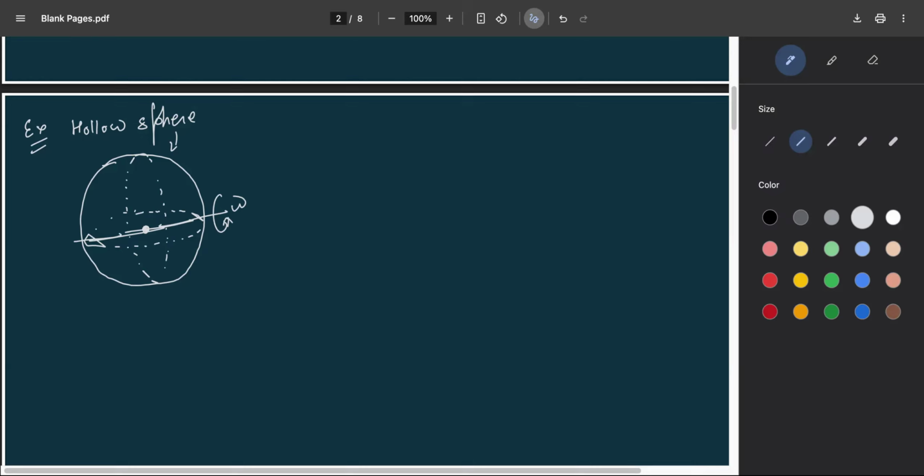Okay, you need to figure out the magnetic moment. Find out magnetic moment of. Yeah, so you can try it once and let me know the answer for this one.